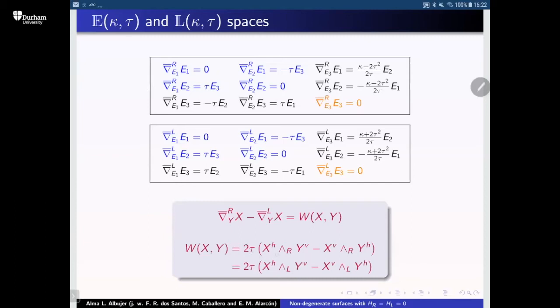Observe also this expression is also valid for tau equal to 0, and of course for tau equal to 0 this expression vanishes. That means that for tau equal to 0 the two Levi-Civita connections coincide. And tau equal to 0 is the case of product spaces.